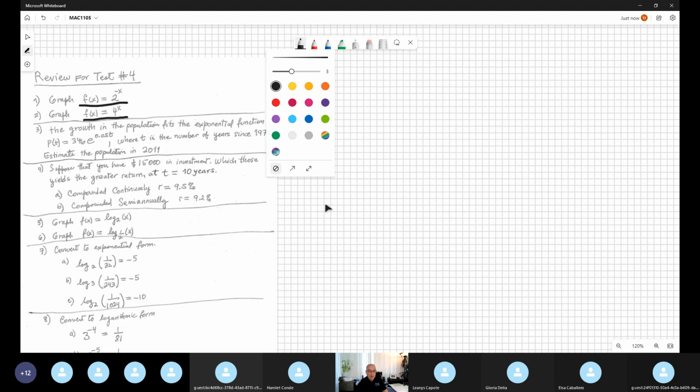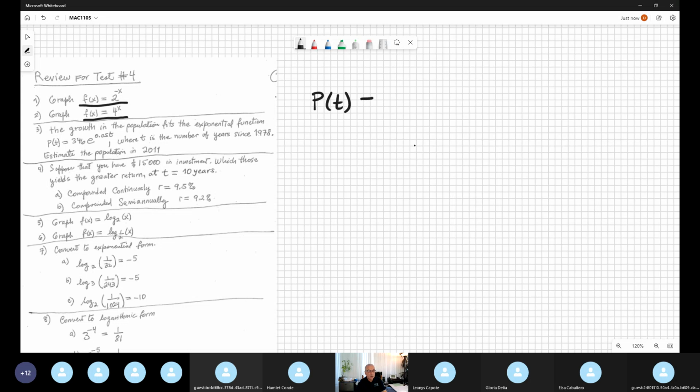Number 3 is the growth of a population that fits the exponential function. Number 3 says that the function is P of t, population, equal to 346 exponential using base e and 0.05t.